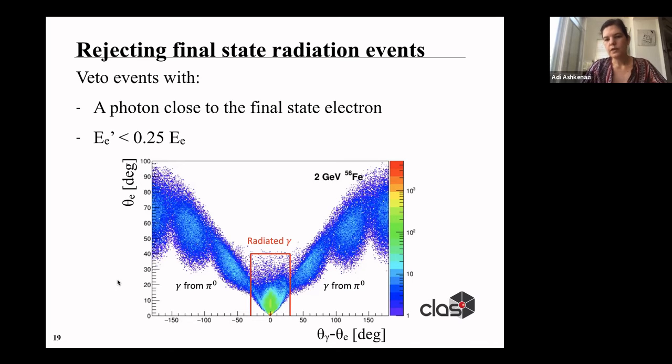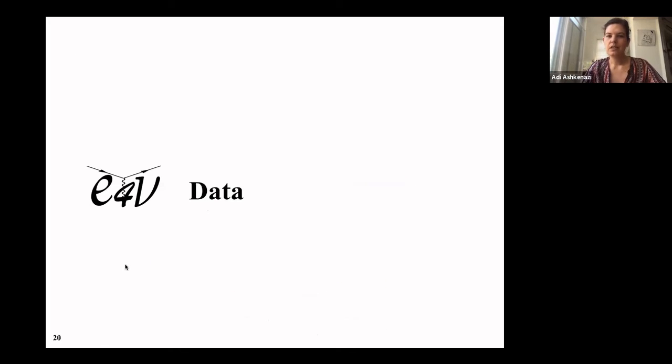So both of these cuts, plus correcting for radiative effects inside our event generator, we marked this topic as covered for the quasi-elastic-like analysis, and we looked at the results. Okay, so this is a workshop on radiative effects.